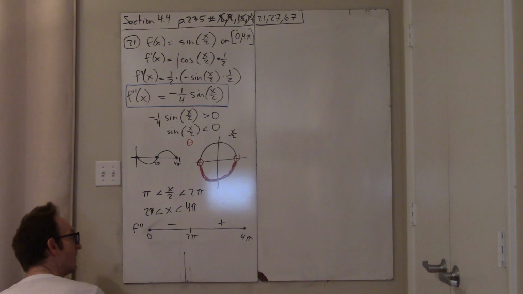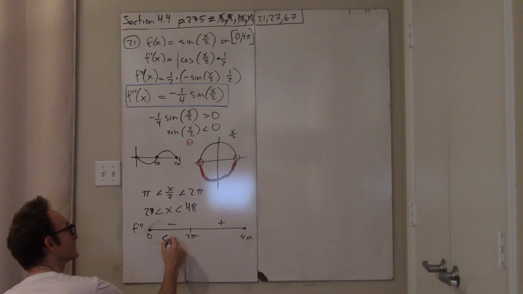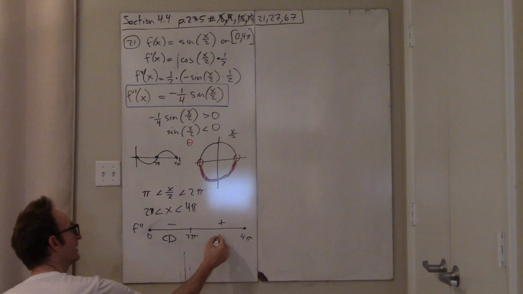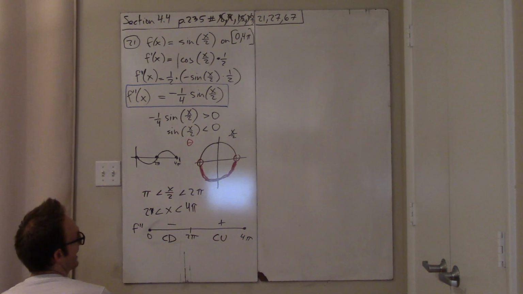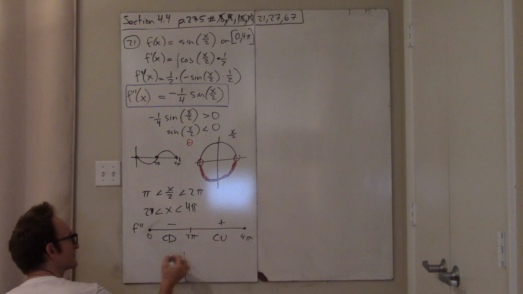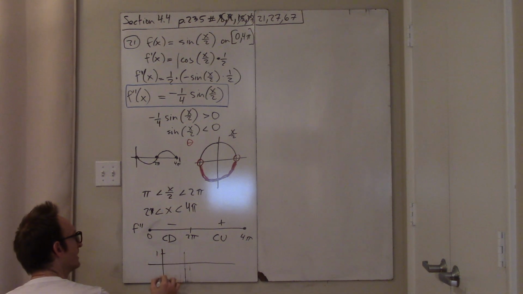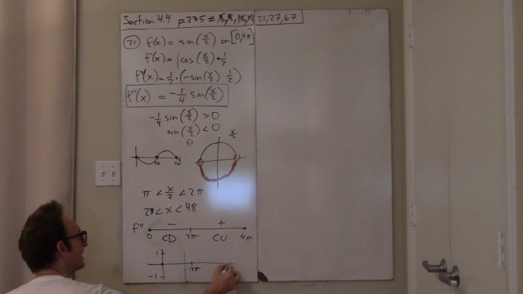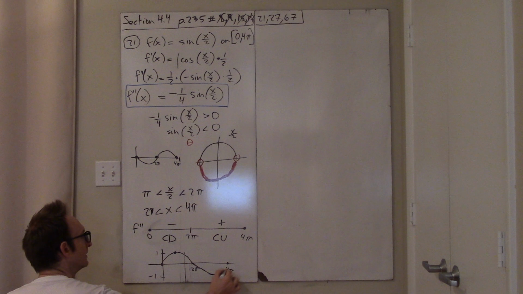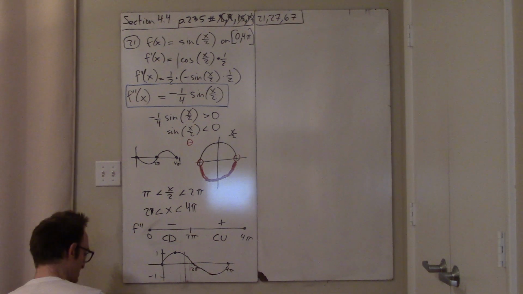Sorry about that. Okay, what have I just learned? I've learned that this is concave down here and concave up here. Maybe that's not really a surprise, because if this is 1 and that's negative 1, and this is 0 and that's 2 pi and that's 4 pi, then that's what my function looks like.